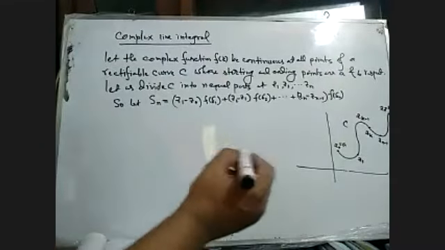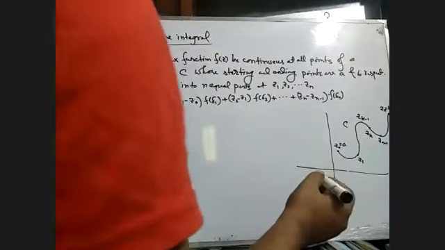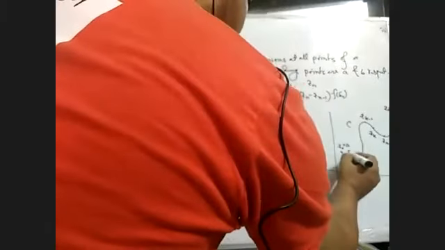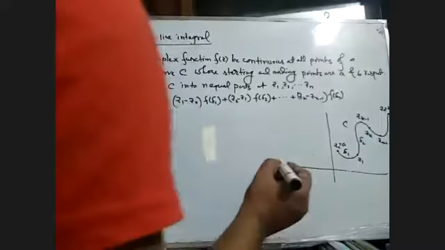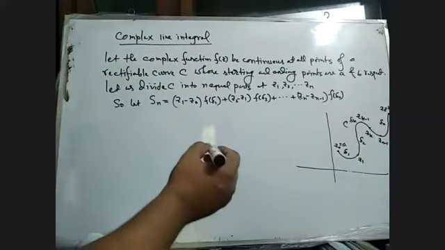That means we are dividing the whole curve C into different parts. This part is del 1, this part is del 2, this part is del k, and this part is del n.